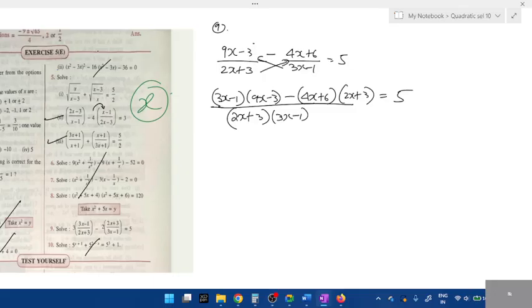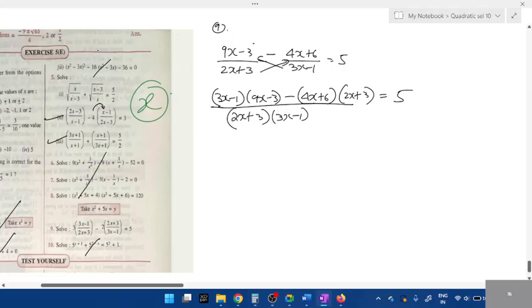Yes, students, completed, done. Okay, ignore the other question. Complete this for homework. Once you complete it, send it to me and I'll check. Later check using the prime factor method or the formula method.